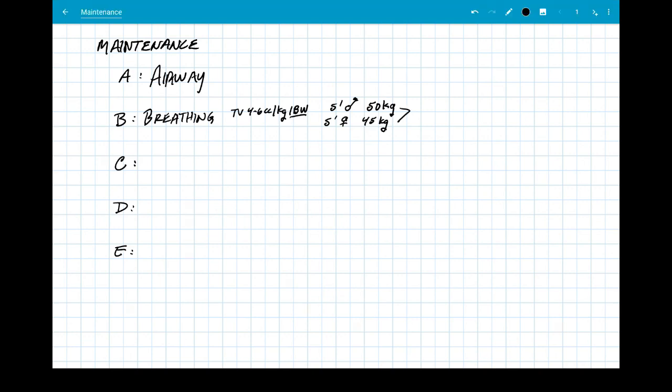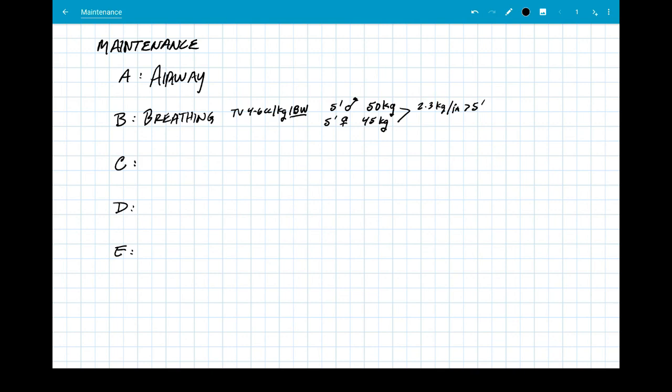For each one, irrespective of their gender, you add 2.3 kilos for every inch greater than 5 feet. Therefore, if a male was 5'1", he would be an ideal body weight of 52.3 kilos.